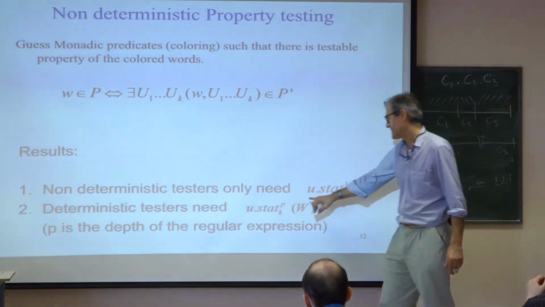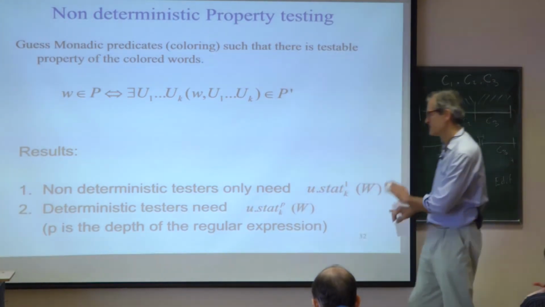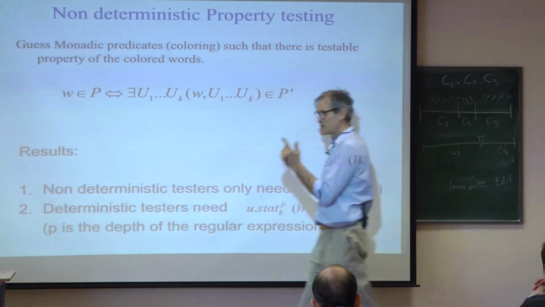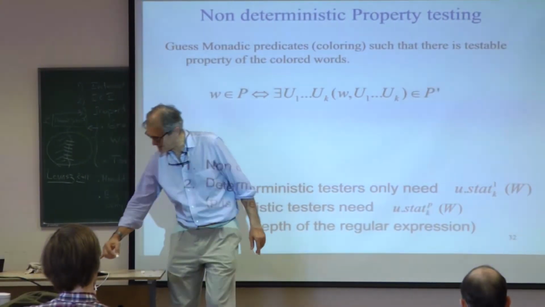And now deterministic testers need P, if P is the depth of the regular expression. And you can show the lower bound.